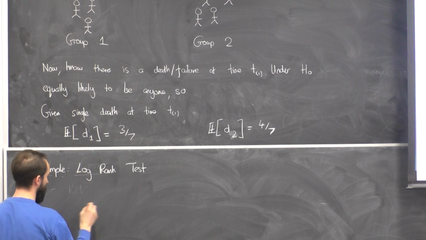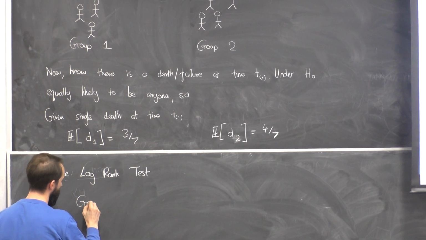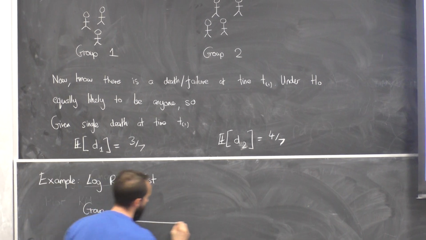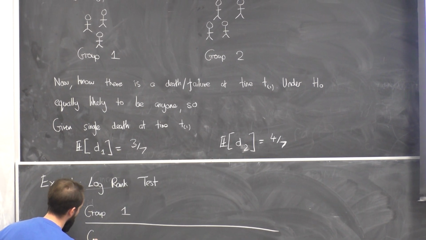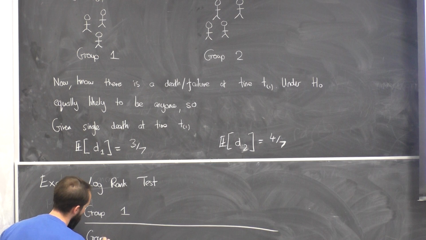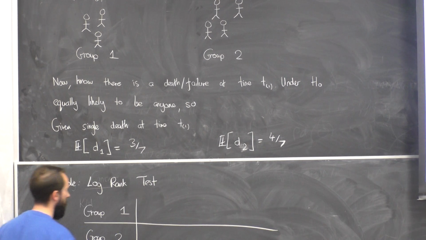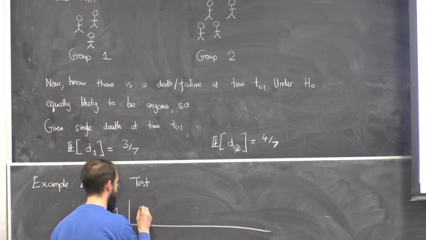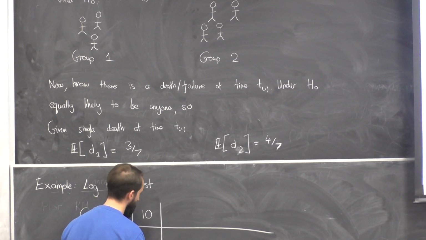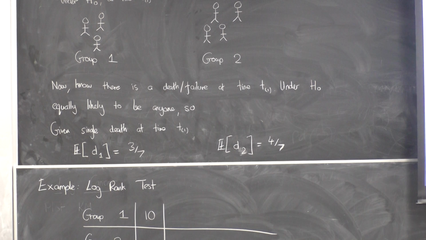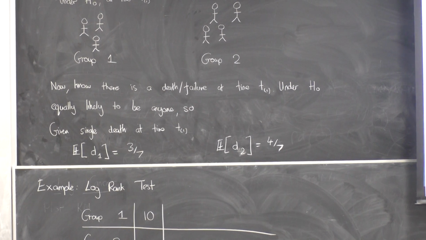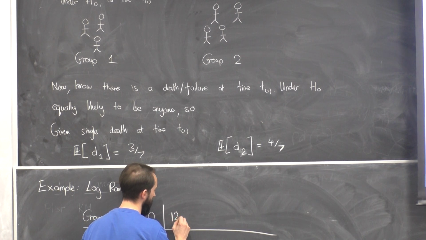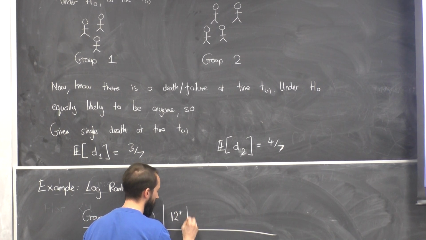So I have two groups. In group one, the first time something happened at all was after 10 weeks, and then I observed somebody fail. The second time anything happened was at 12 weeks, and that was a censoring.